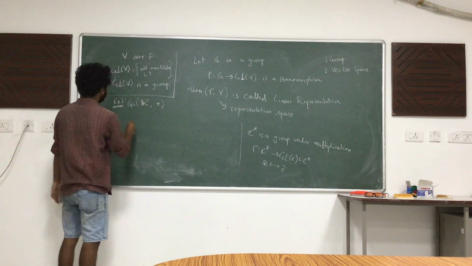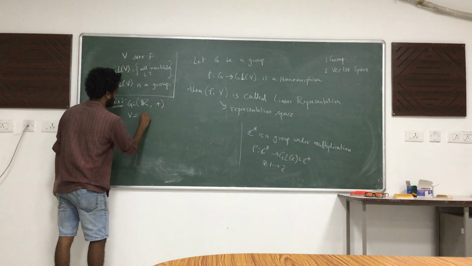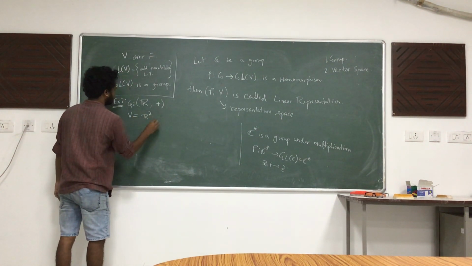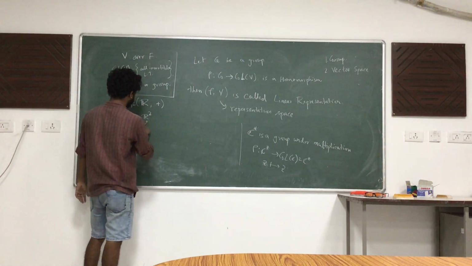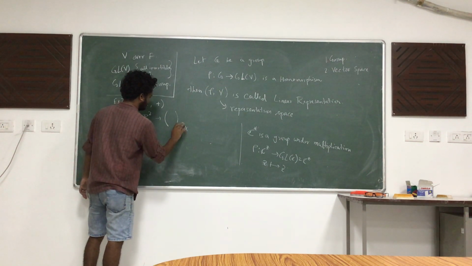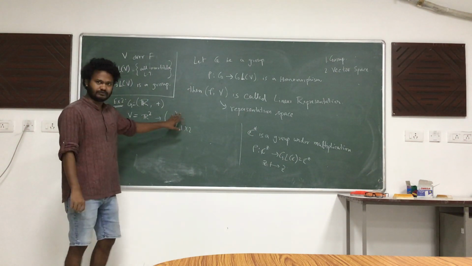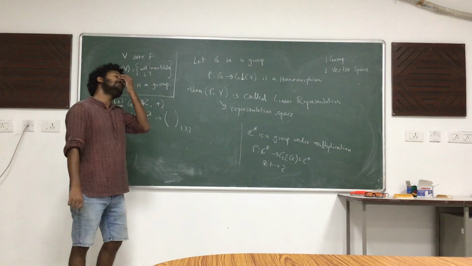Let us take V to be R2, that is, all column vectors of 2 cross 1.